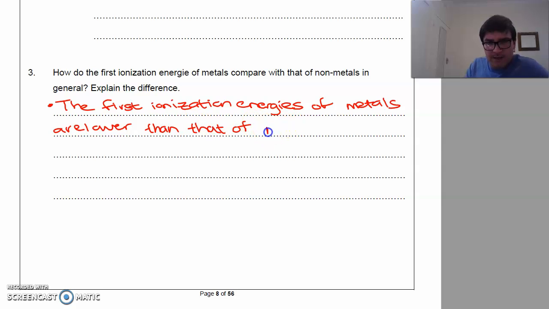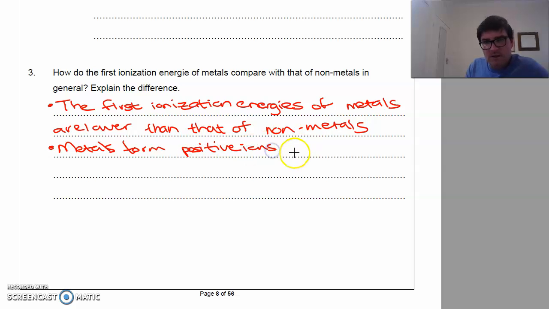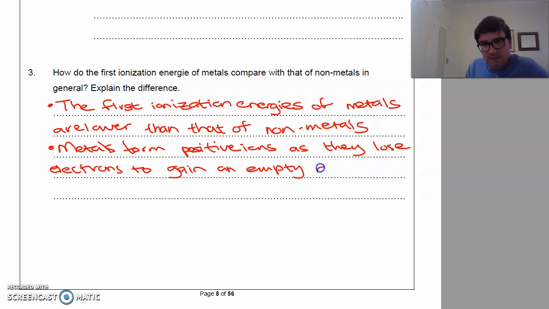Now, why is this so? Metals form positive ions as they lose electrons to gain an empty outer shell.